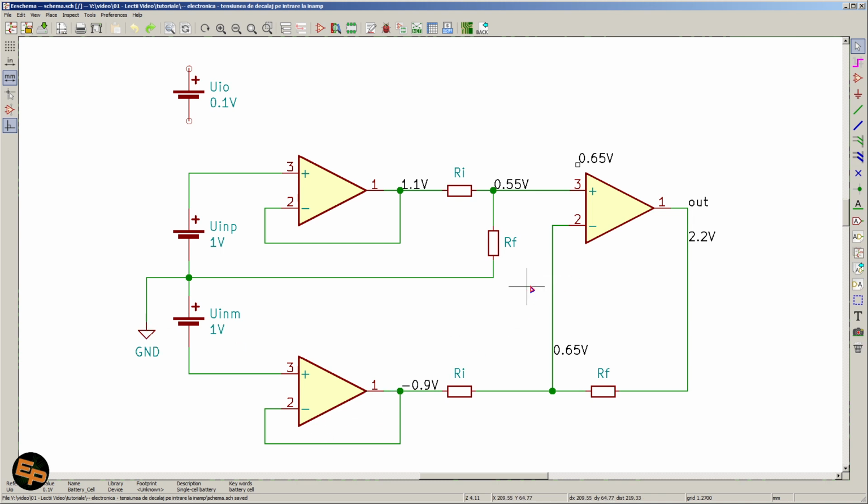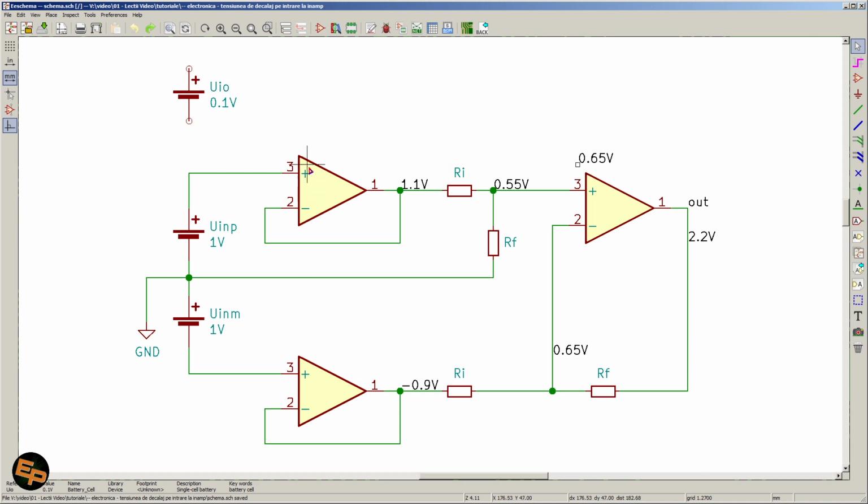However, in reality, like I said, each amplifier is plagued by this input offset voltage. For the sake of simplicity, let's say that it's 0.1 volts for all 3 of them, and it's positive 0.1 volts. Of course, this is not always true, but again, let's just take it for simplicity.